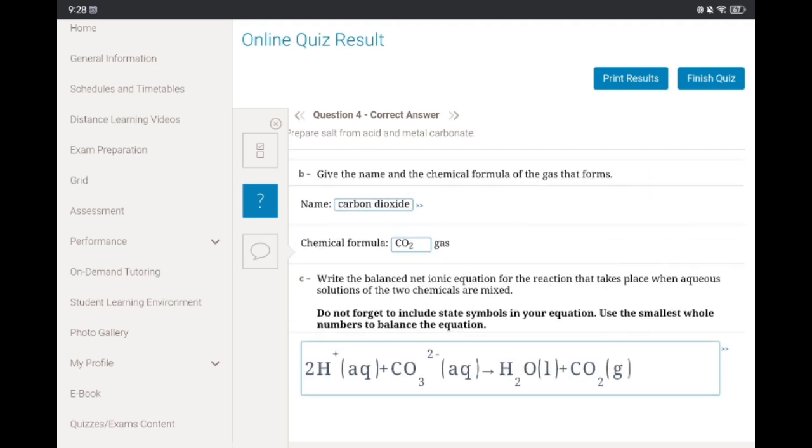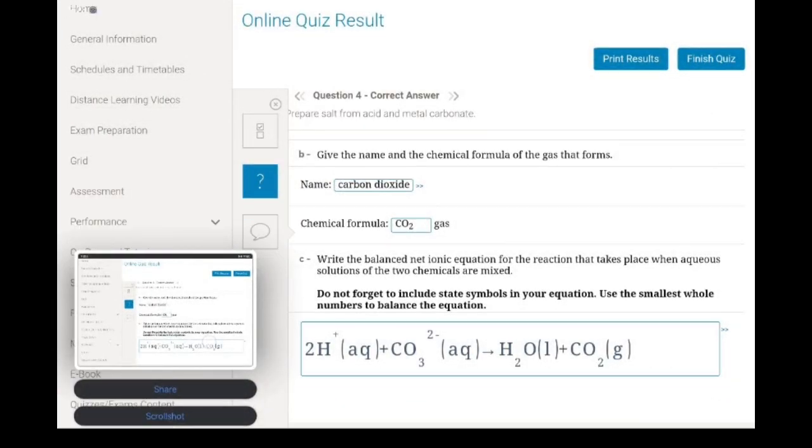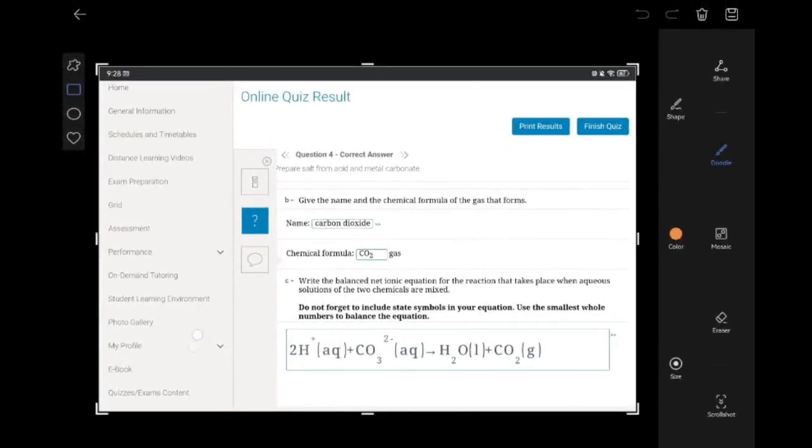Here they said the net ionic. The way I did it takes a lot of time. If you have time in the exam and you're confident you can do it, you don't have to, but it's just the way it works.